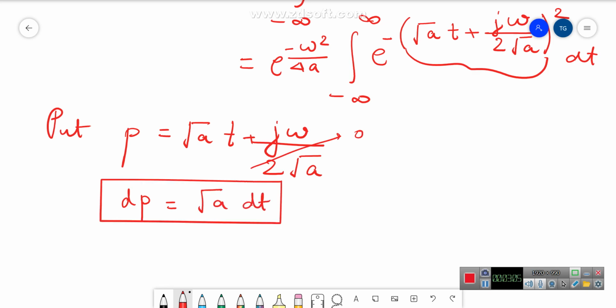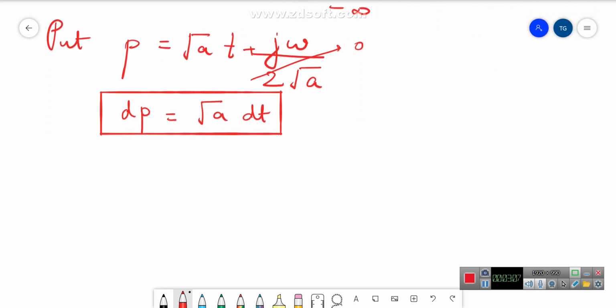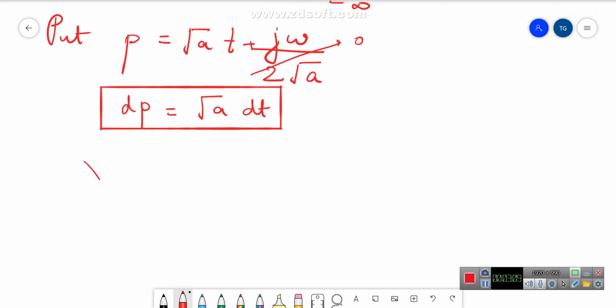So now substituting these values, we get x of omega is equal to, we have taken e to the power minus omega square by 4a common from that term, and here it is infinity.